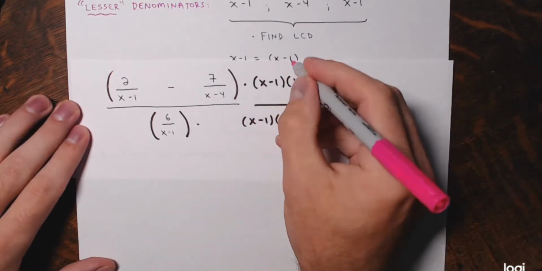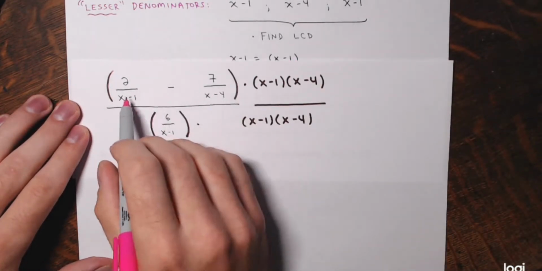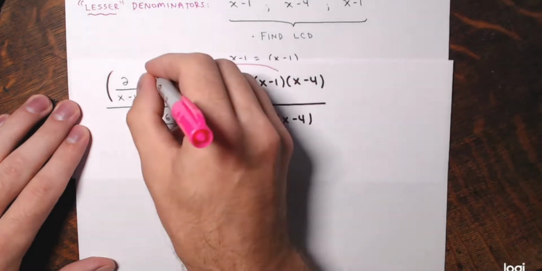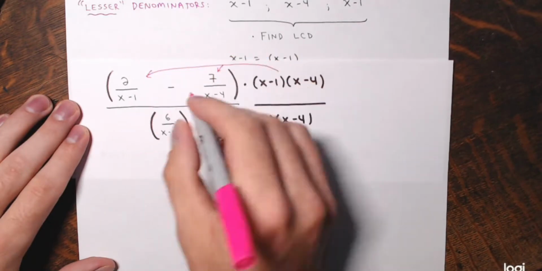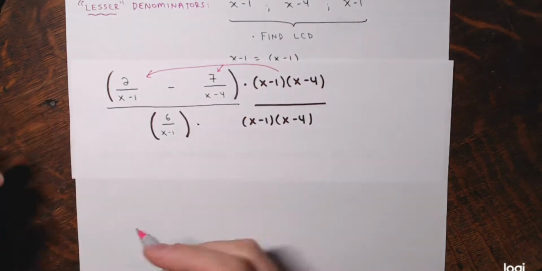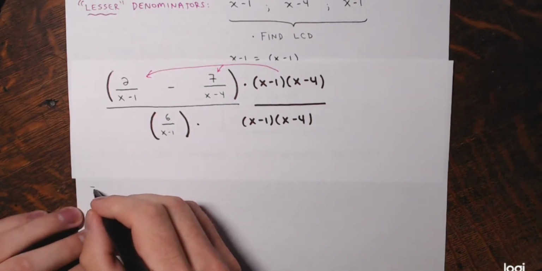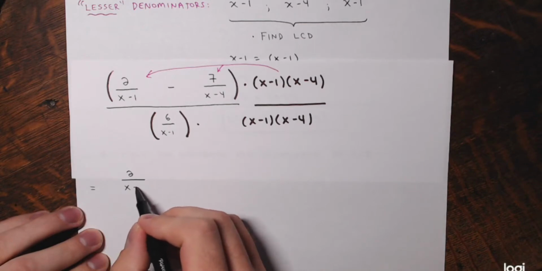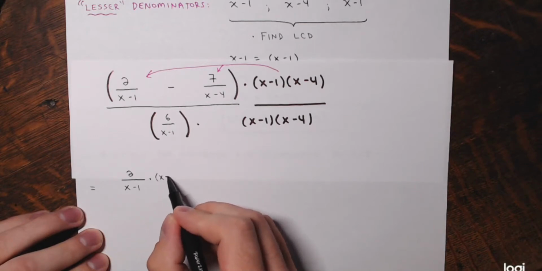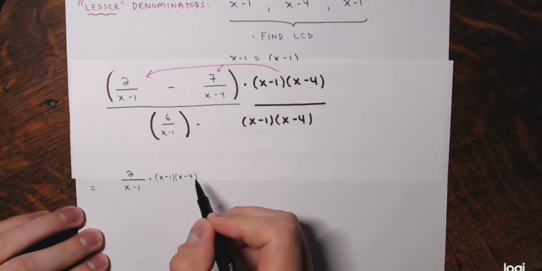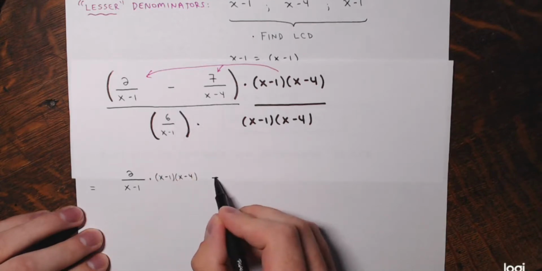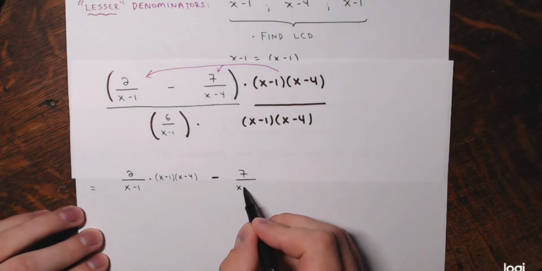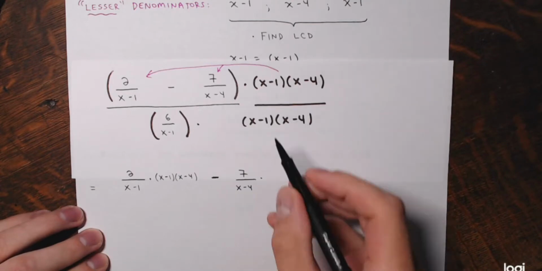Watch what happens. So the numerator has two terms. It's the difference of two fractions. So I'm going to be multiplying each of those terms. We're multiplying the entire numerator by the LCD. So the numerator looks like this now. You have 2 over x minus 1 times x minus 1 times x minus 4. Then minus, and then the second fraction here, 7 over x minus 4 times the LCD as well, times x minus 1 times x minus 4.